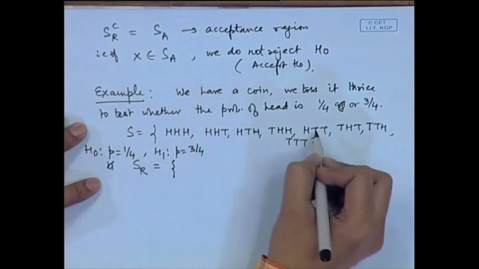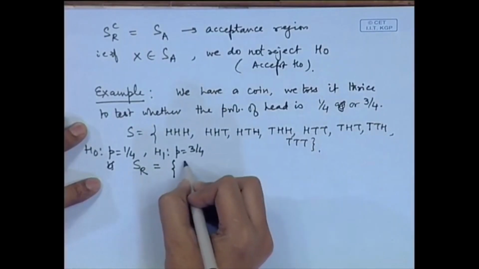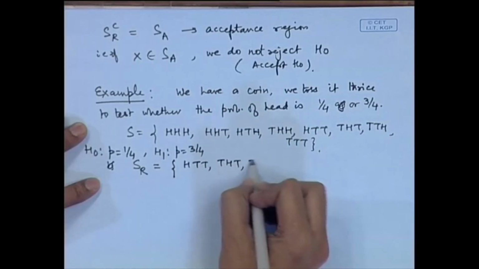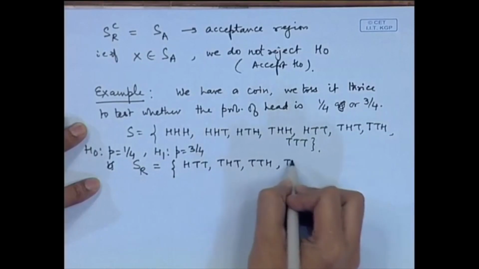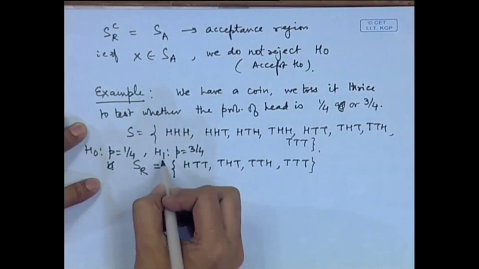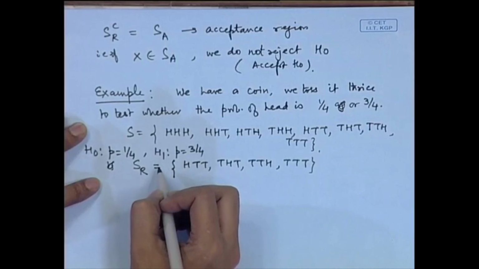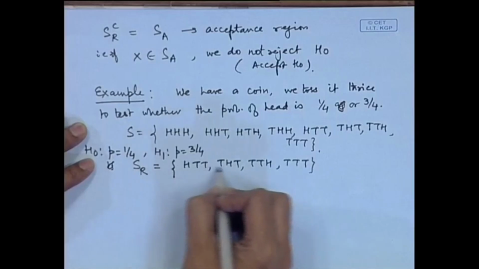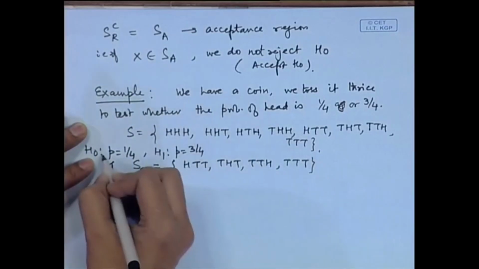So, p is equal to 1/4 means that head has a less probability. So, if we consider one head or no head, that is H T T, T H T, T T H and T T T, that means more tails are appearing, then we consider that this means that head is having less probability. So, H naught is true.